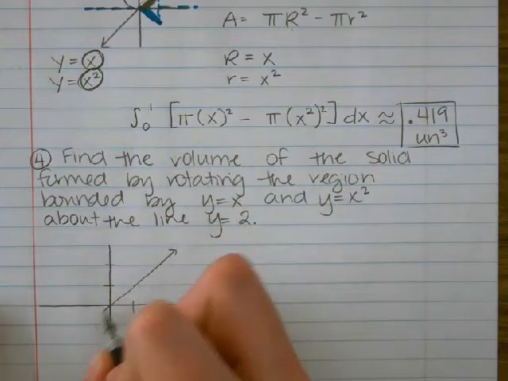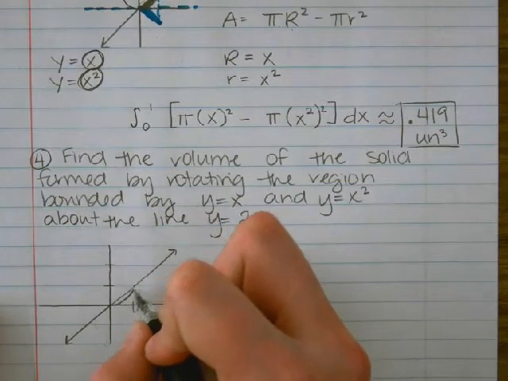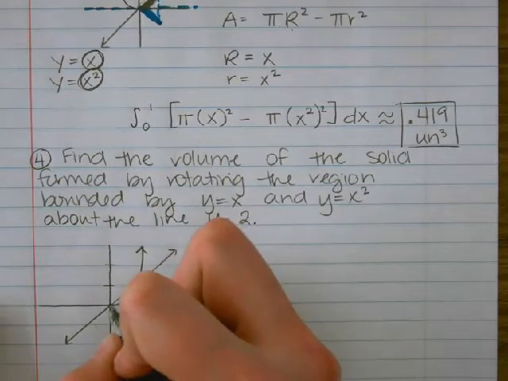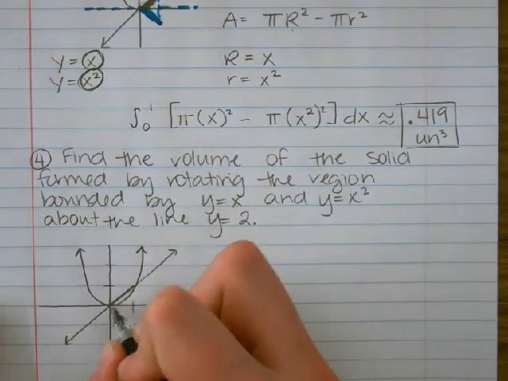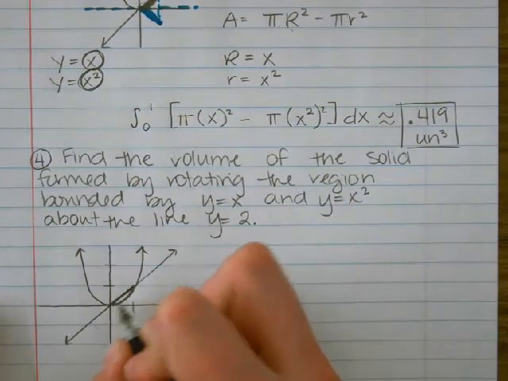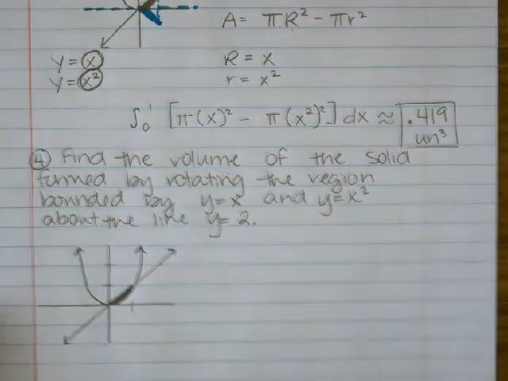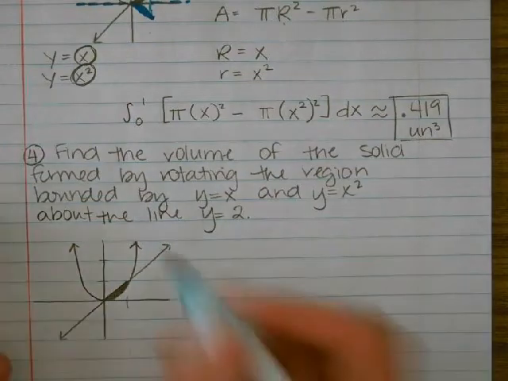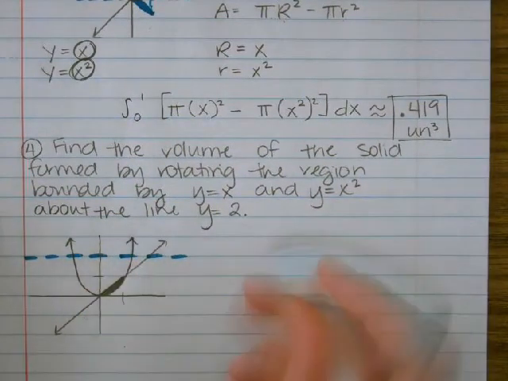So I've got that same line that I had before. I've got that same parabola that I had before, and I've got this same shape. It's straight on this side and curved on this side. And this time, we are rotating it about the line y equals 2.